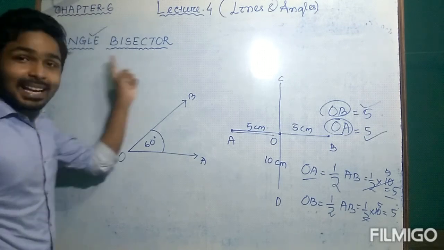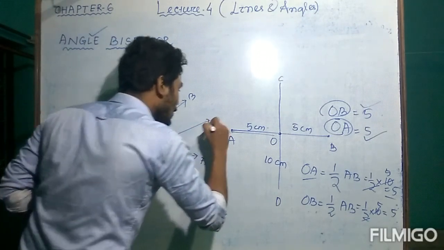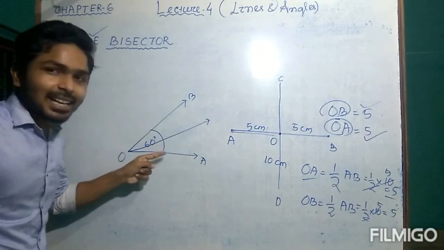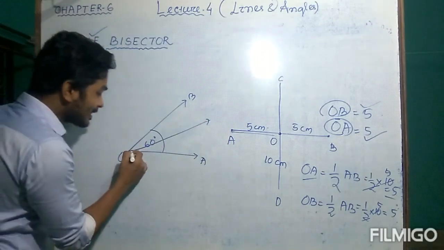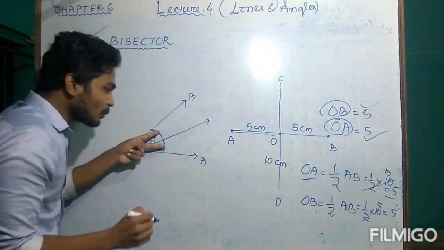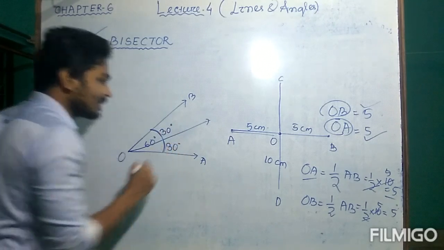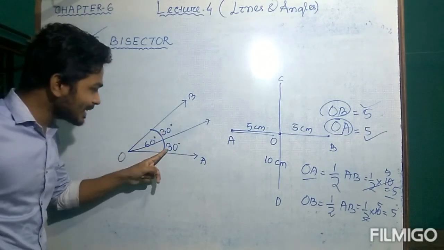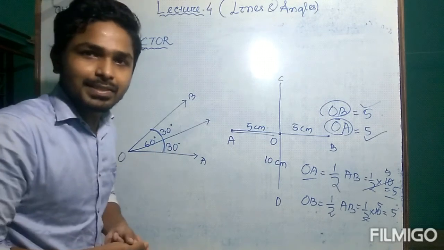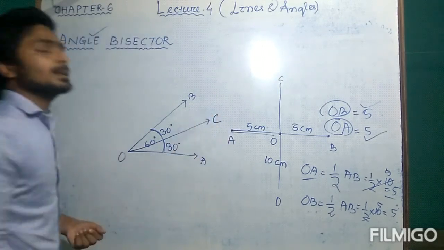Understood? Now, what is the angle bisector? An angle bisector is a line which divides the angle into two equal halves. Here, this line divides this angle into two equal halves such that each half is equal to 30 degree. 30 degree plus 30 degree is equal to the total angle 60 degree. So this is our angle bisector OC.